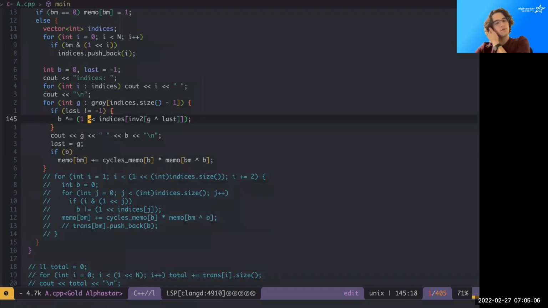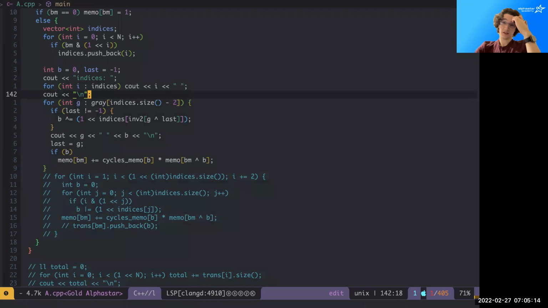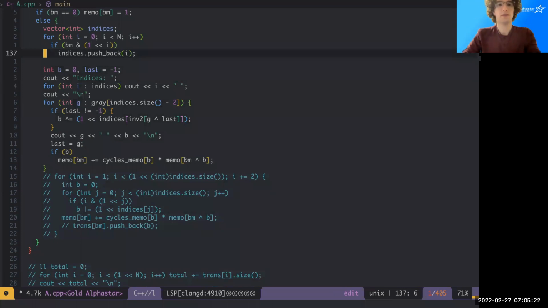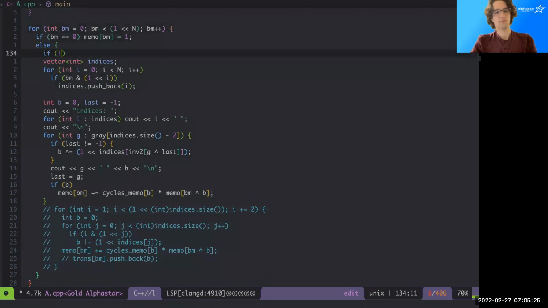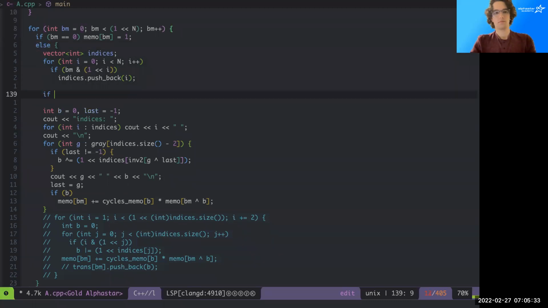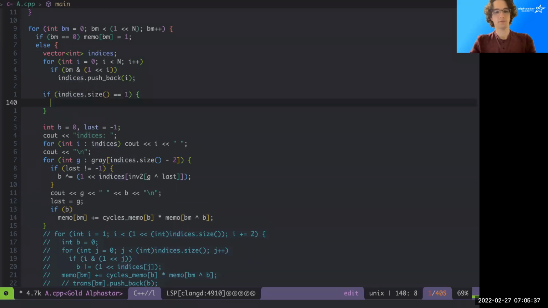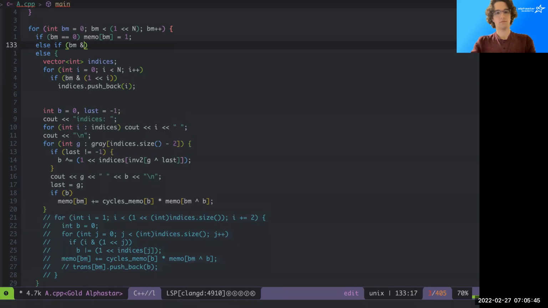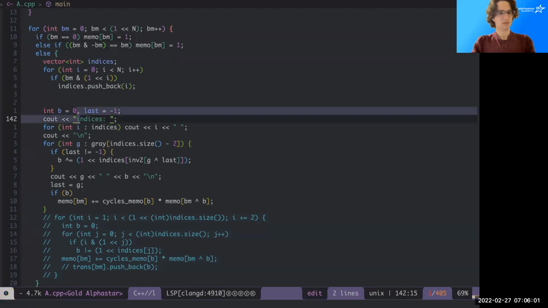Oh, but I did want the ones that always include the first one. Okay, so there's a couple cases we can do here. I think that condition works.